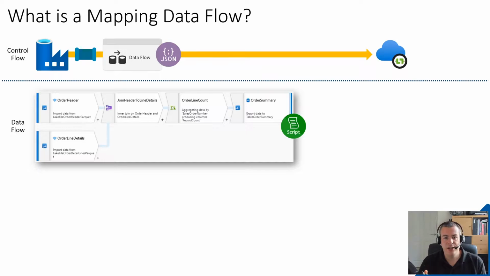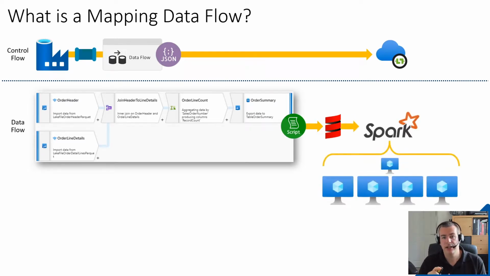Now, the exciting and maybe interesting thing about that script file is that it will be taken and converted to Scala, then compiled as a jar file and passed to Spark to execute. As you may know, Spark is a very rich analytics ecosystem with distributed compute and cluster management and all these other nice things wrapped up there.